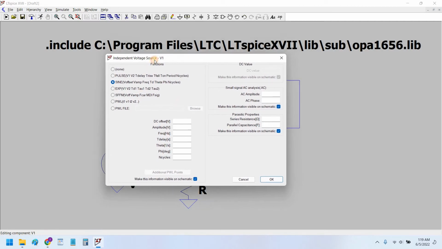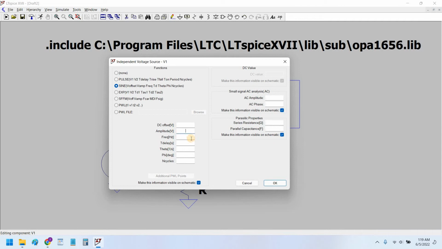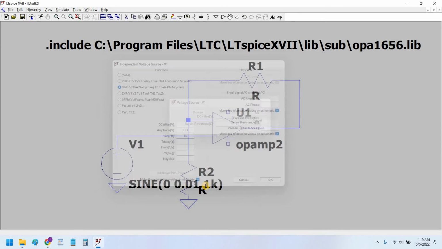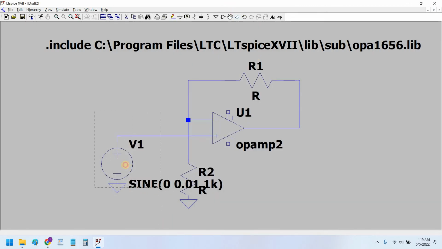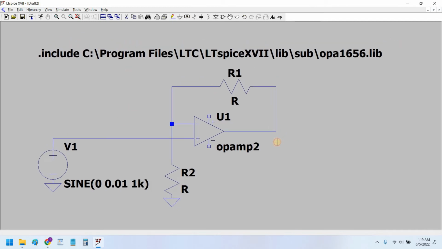A sine wave we are going to input at the positive terminal of the op-amp. Let it be 0.01 volt peak, that is a 10 millivolt peak amplitude signal, and let the frequency be 1 kilohertz. We are going to use a transient simulation, so that would be enough. We will do the transient analysis.